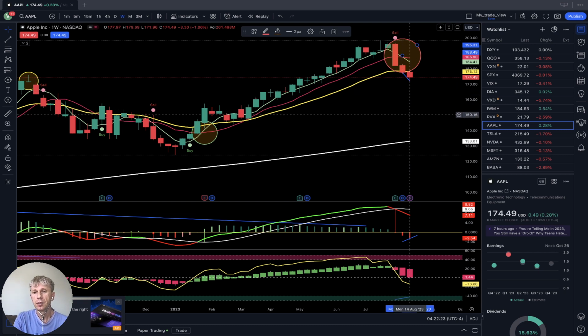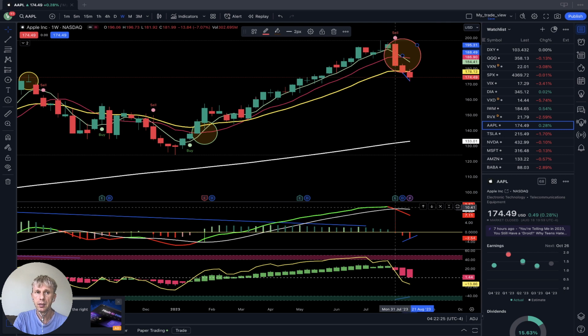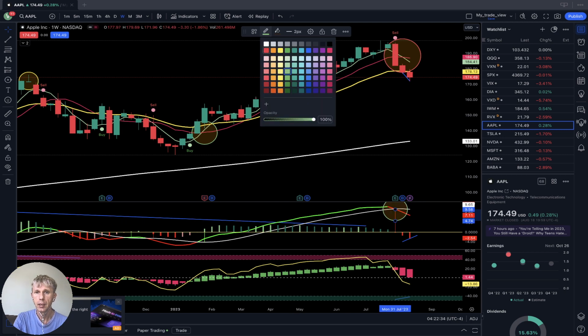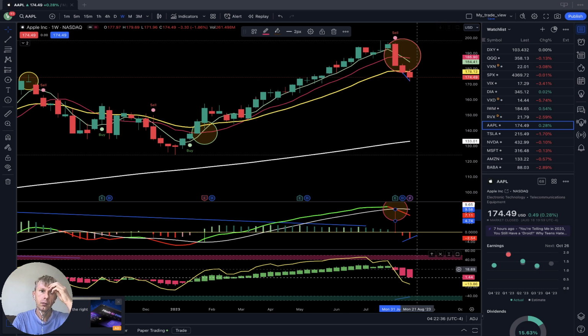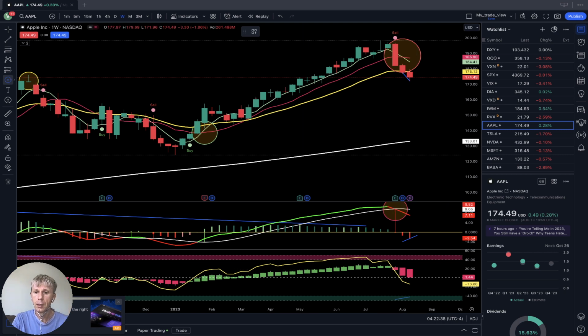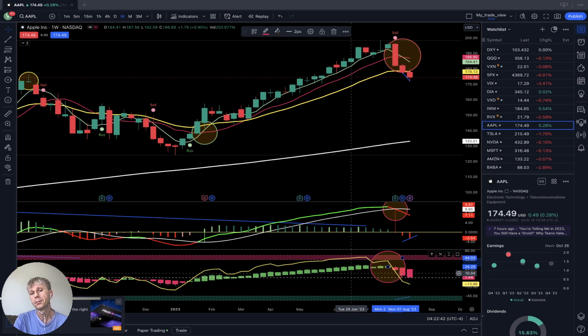It is negative territory. It's confirmed bearish crossover in MACD. Also over here, right? It's red. And confirmed bearish crossover on Heikin-Ashi and RSI.